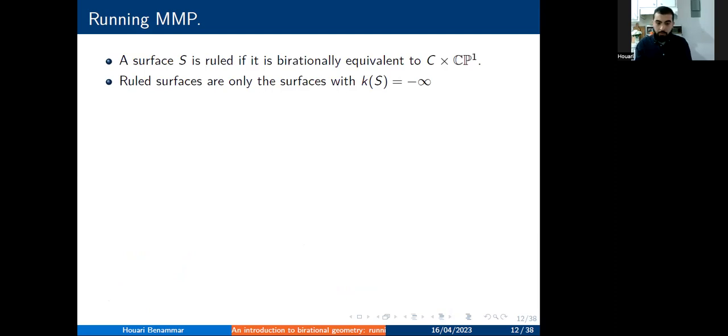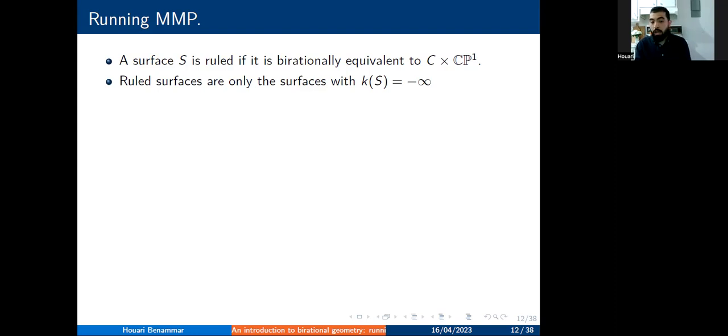Now let's discuss the MMP program for surfaces. This is known from the Italian school. A surface S is ruled by definition if it is birationally equivalent to a curve times CP1.